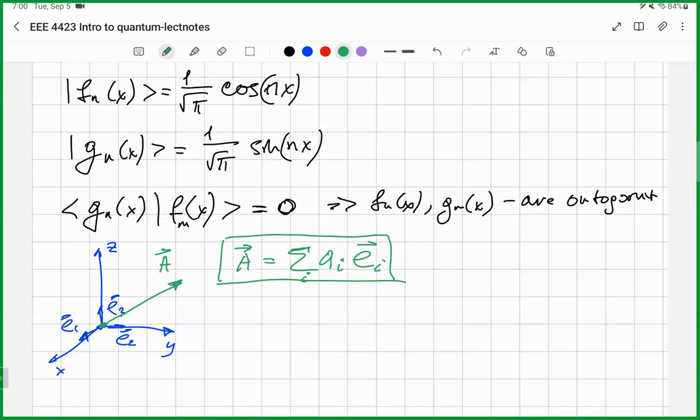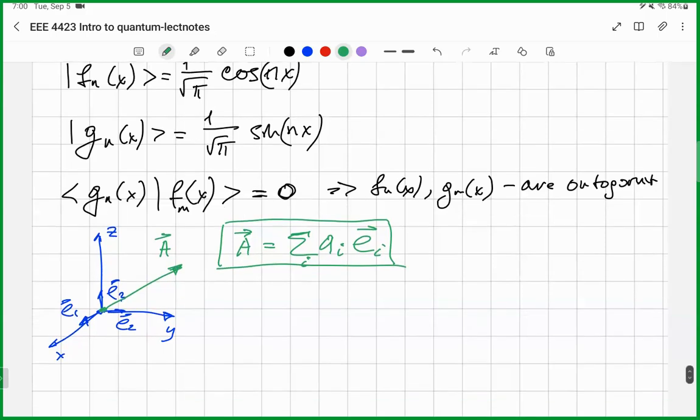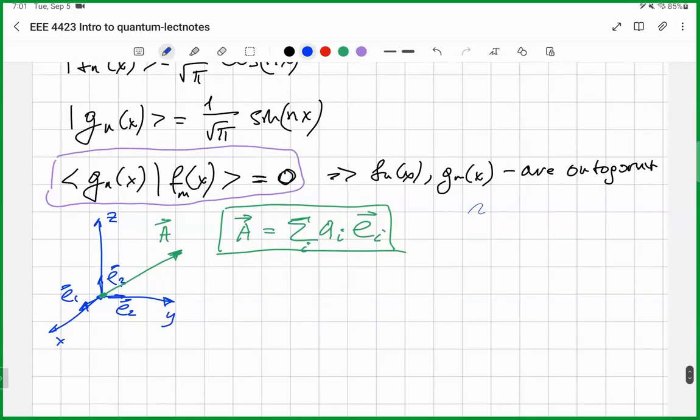We can represent the vector by its projections. And this property here, this fact that some functions can be orthogonal, simply means that we can introduce a function space with function unit vectors, right?